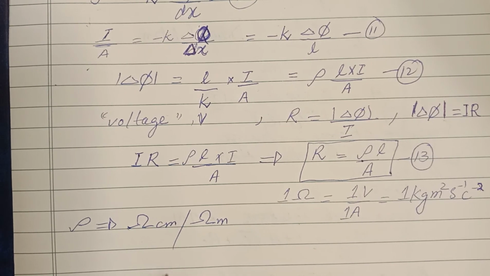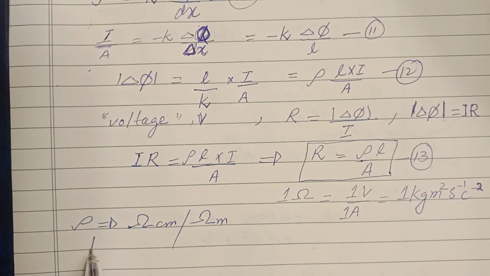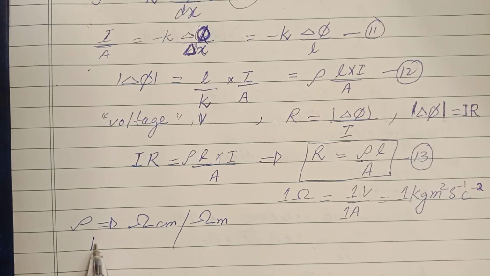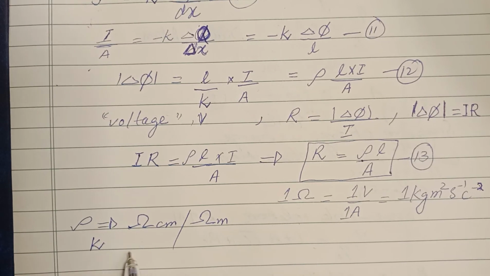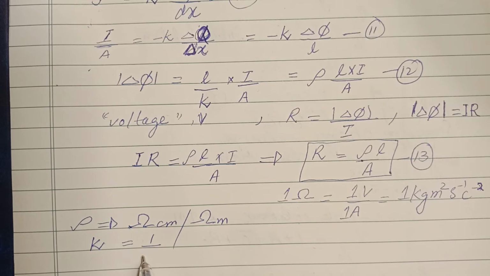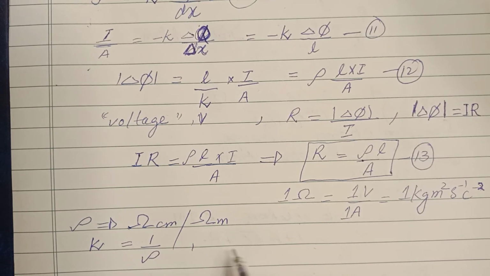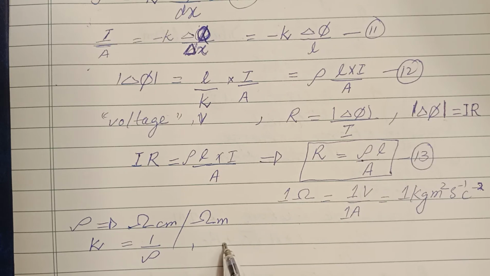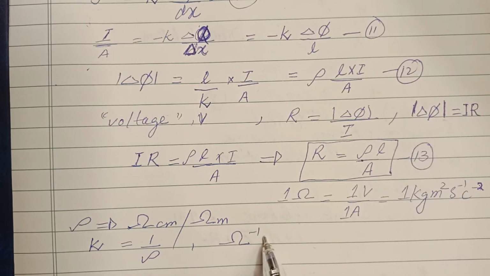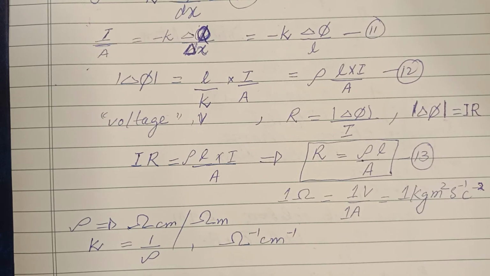As explained above, the electrical conductance or the conductivity is the inverse of the resistivity. So the unit of the electrical conductance is per ohm per centimeter.